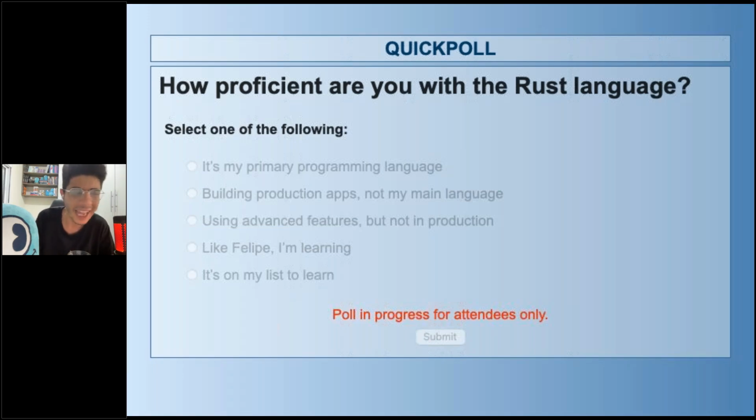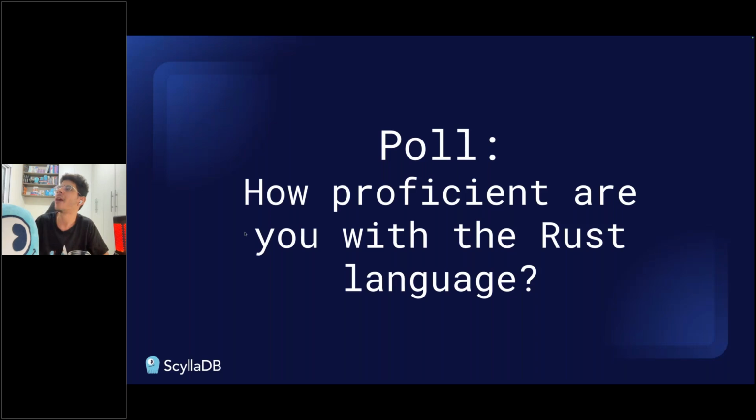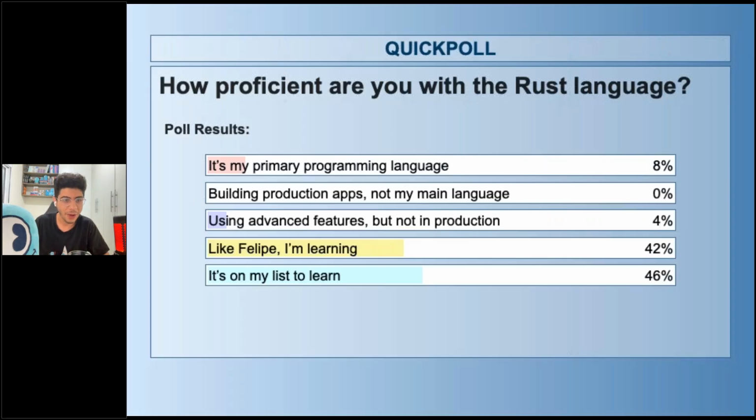Please take some time to answer the poll. And with that, thank you so much for your responses. Just so you know, the winner here is "it's on my list to learn", and the second placed one was "I'm learning". So let's learn some new things together.